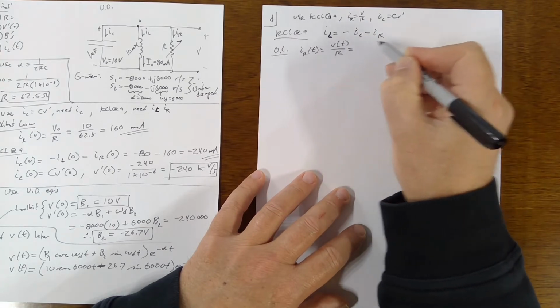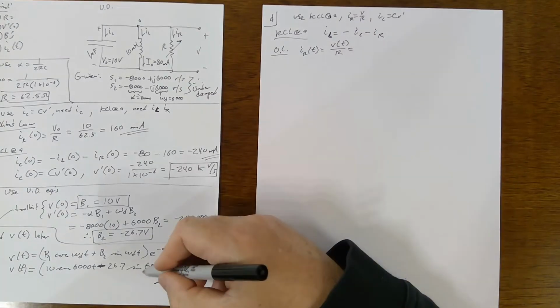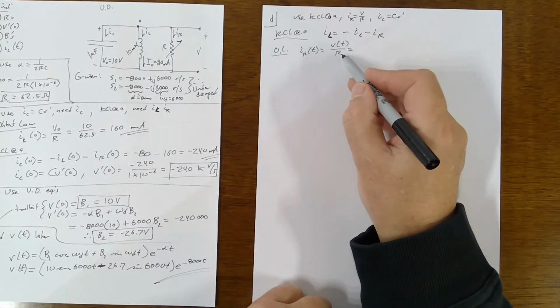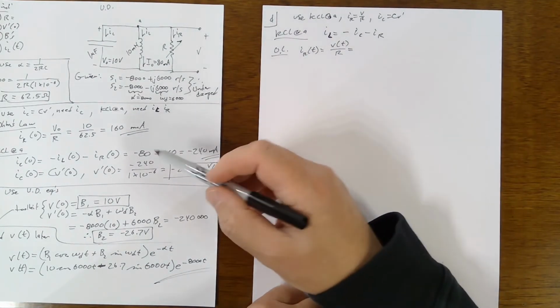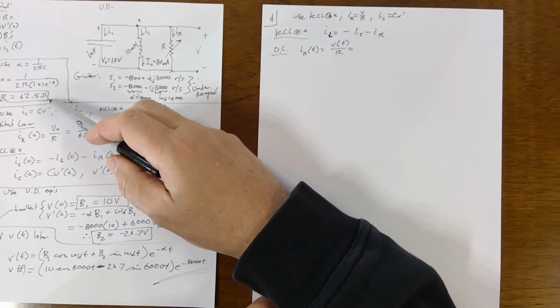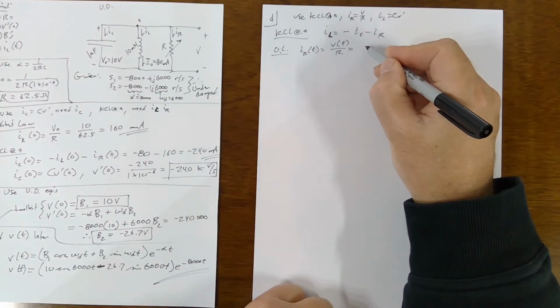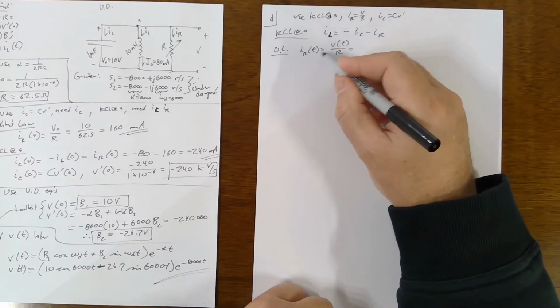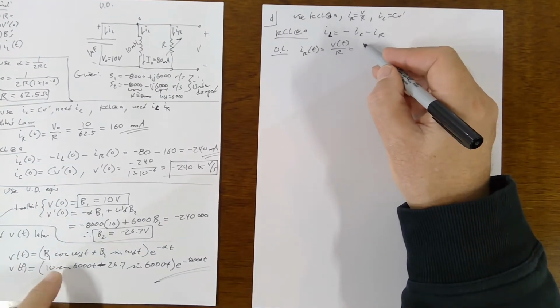All right, so it's just take this V of t that we just got and divide through by 62.5, which is our resistance. So this guy is going to be just taking this guy and dividing through by 62.5.